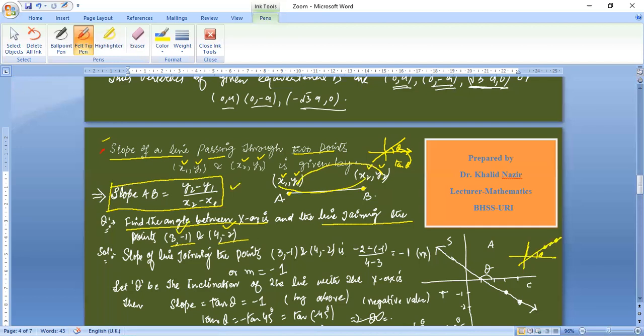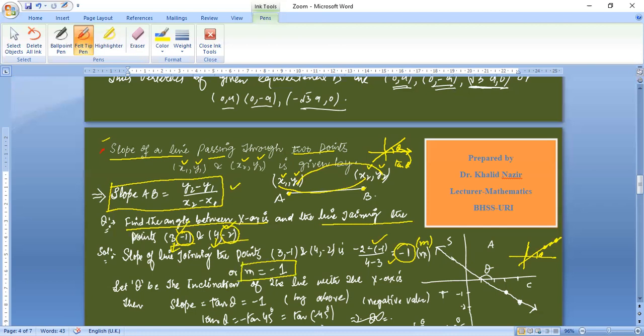So slope would be y2 minus y1, that is -2 minus of -1, divided by x2 minus x1, that is 4 minus 3, right? Calculating this, it becomes -1. Let's say the slope is m, so m is equal to -1.